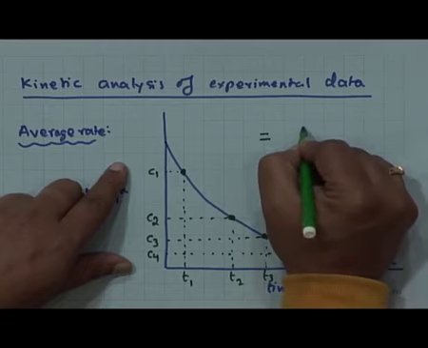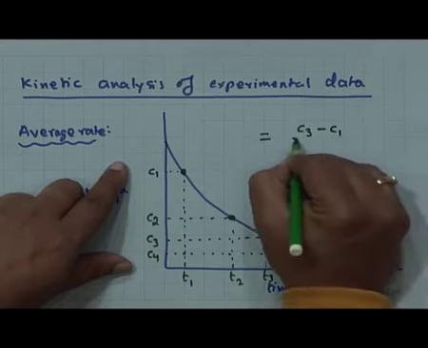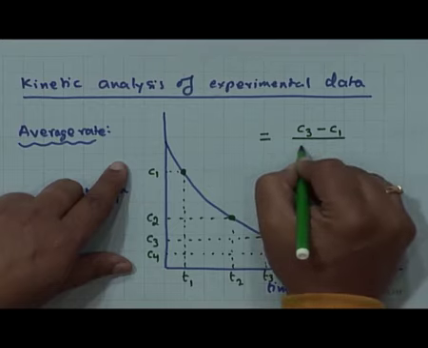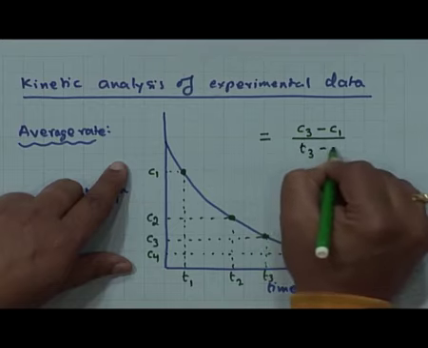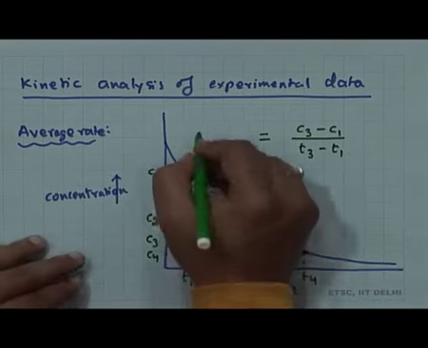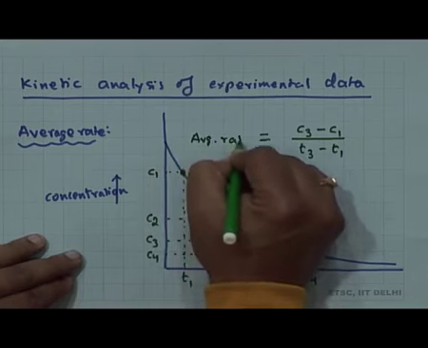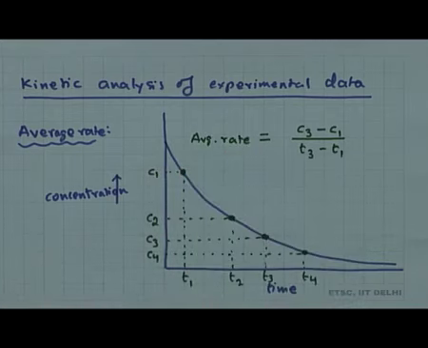So, I write C3 minus C1 over T3 minus T1. So, that is my average rate. This is equal to C3 minus C1 over T3 minus T1.